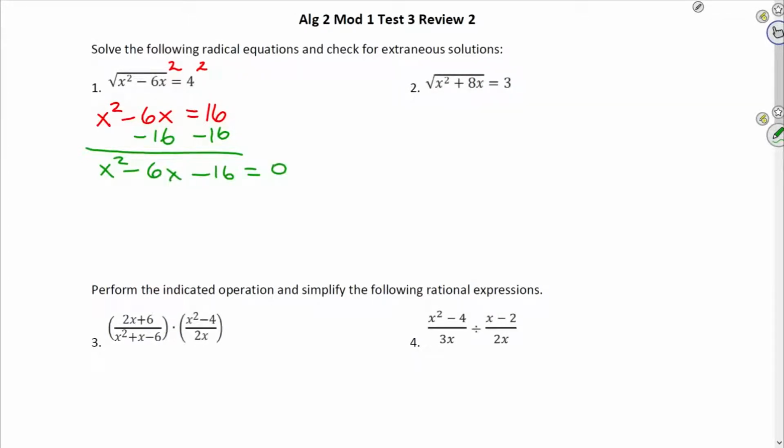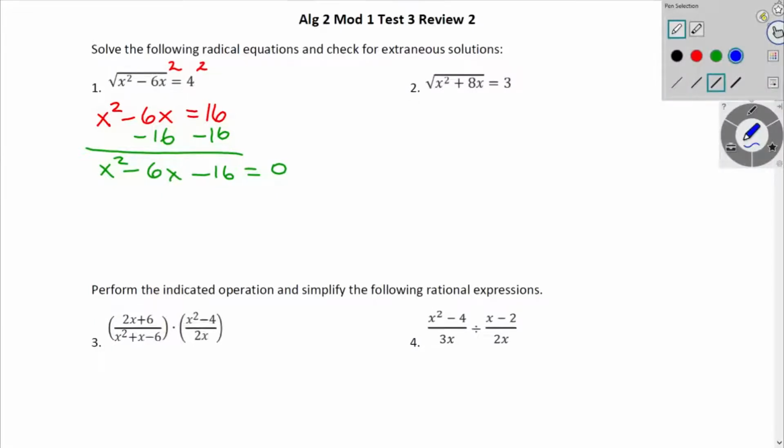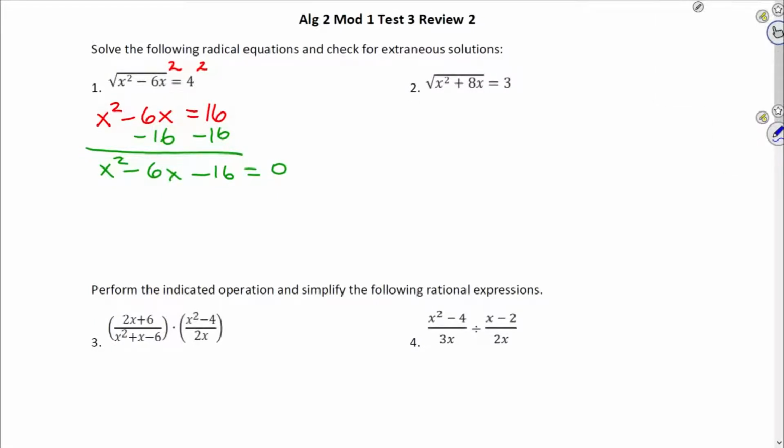Now, I can factor this by what I call the simple ABC method, where I'm looking for two numbers that multiply to be negative 16 and add to be negative 6. Okay, and the numbers that I get are negative 8 and positive 2. Those two numbers will multiply to be negative 16 and add to be negative 6.